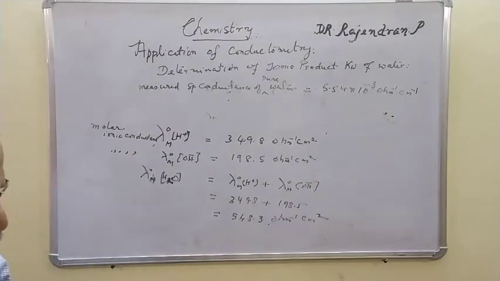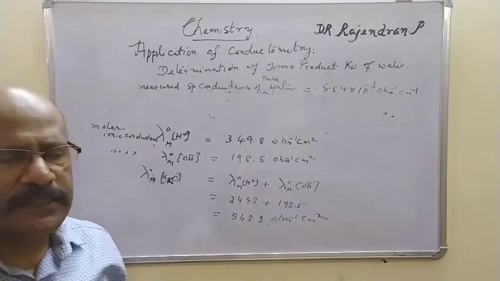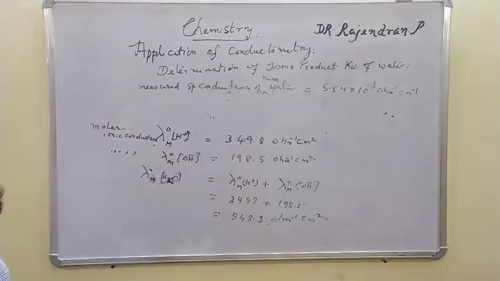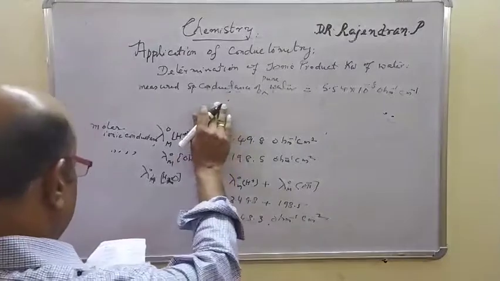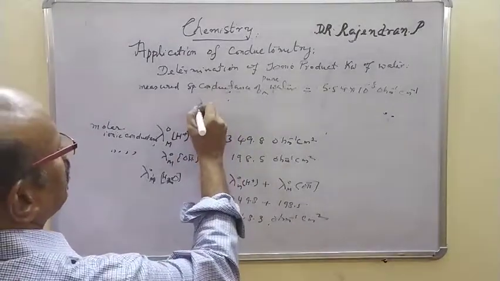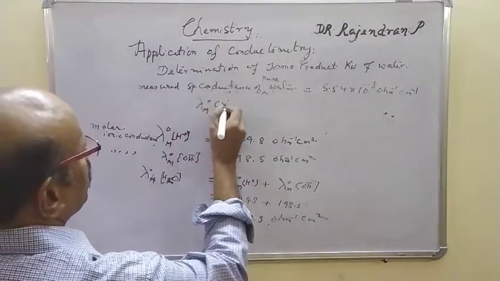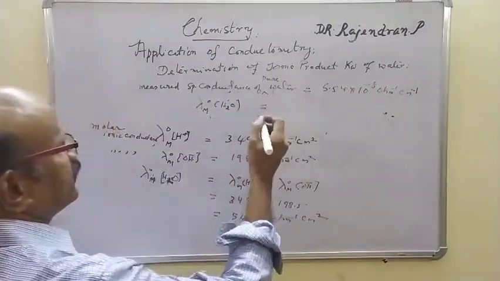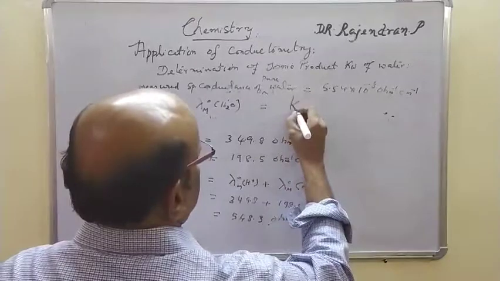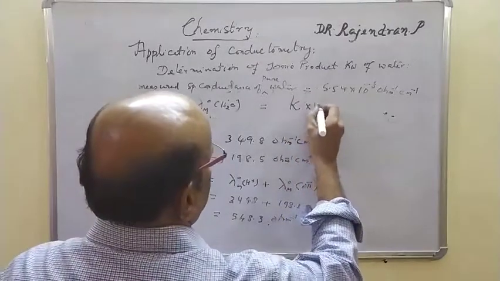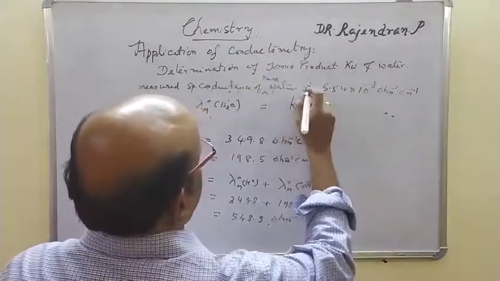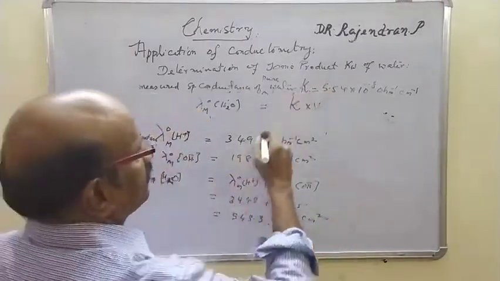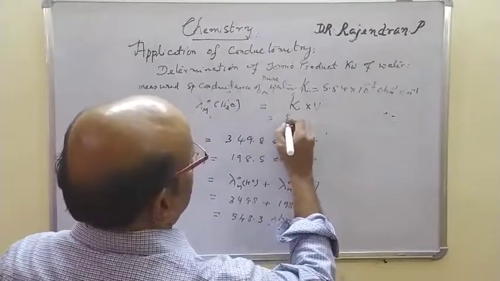As you know, assuming water is at infinite dilution because it is only slightly ionized, we can take lambda m 0 of H2O as equal to the product of specific conductivity and volume, K into V, where K is the specific conductivity.